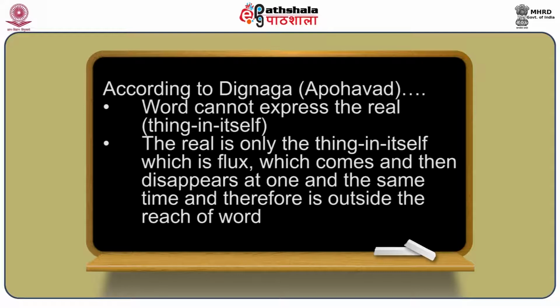According to him, a word cannot express the real, which is the thing in itself. The real is only the thing in itself, which is flux, which comes and then disappears at one and the same time, and therefore is outside the reach of a word.